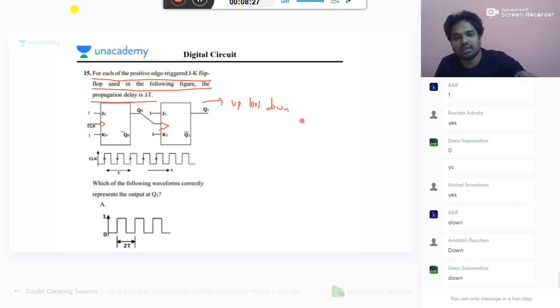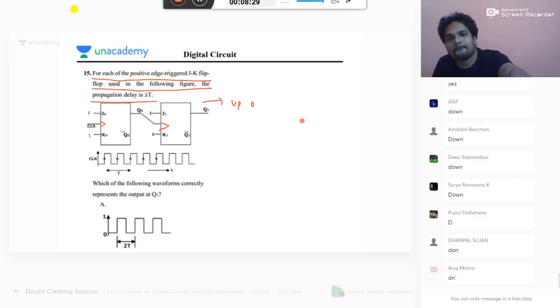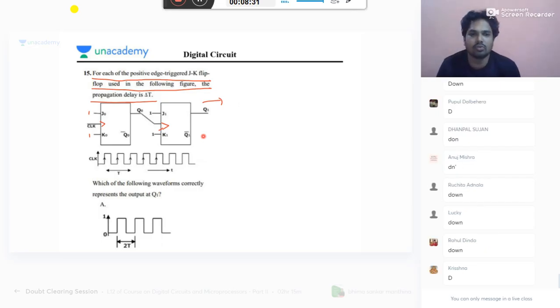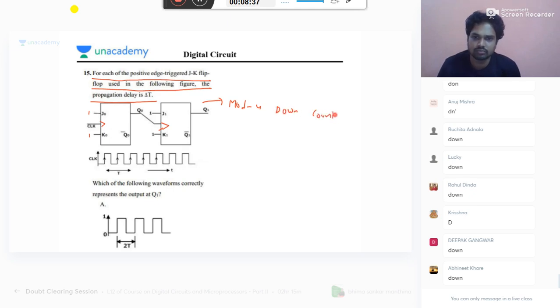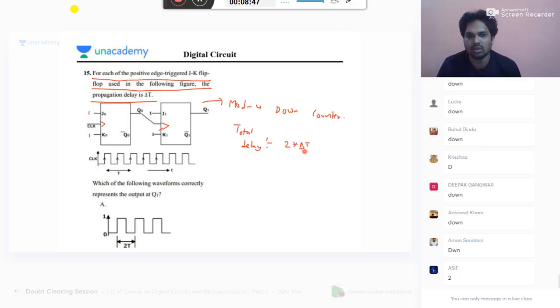Very good. It is 2 flip flops, so a mod 4 down counter. What is the total delay? N times delta t. What is the output time period? 4 times t.